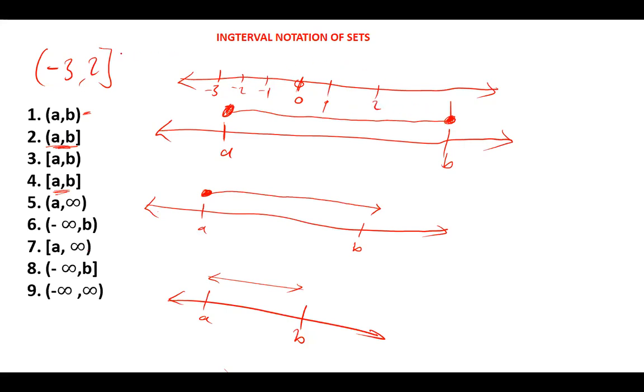We're saying it's open at -3, and then closed at 2, so we shade there at 2. Then you join the two points with a line. So that is how you do it. Whether it has a negative or it's positive, you still do the same thing.